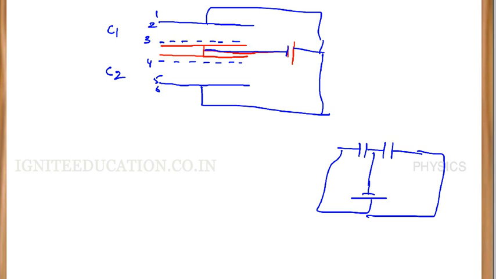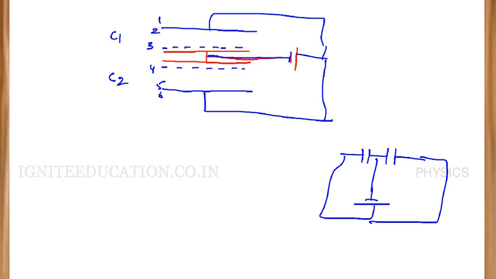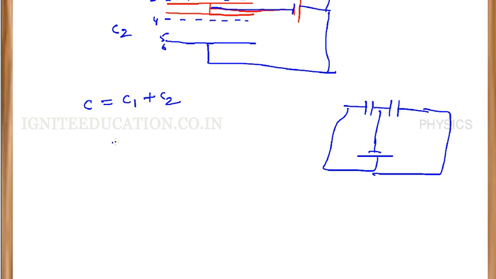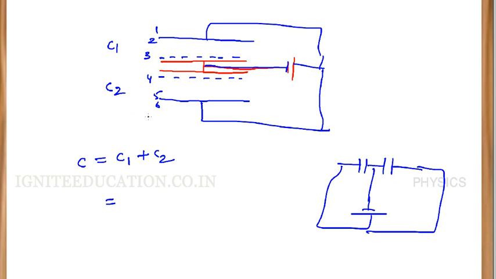For the combination of capacitors in parallel, we have the effective capacitance C equal to C1 plus C2. This is the effective capacitance for capacitors connected in parallel combination. C1 is the capacitance of the first plate.